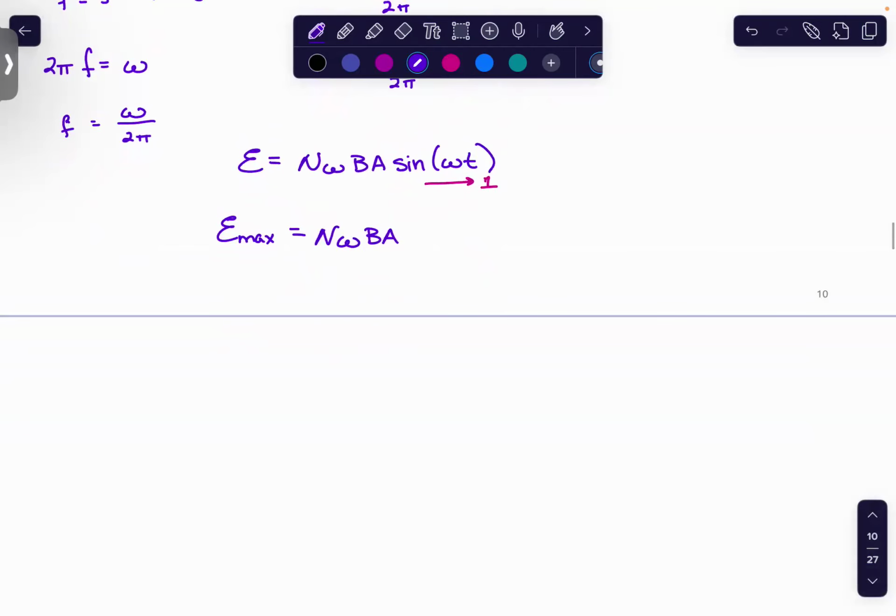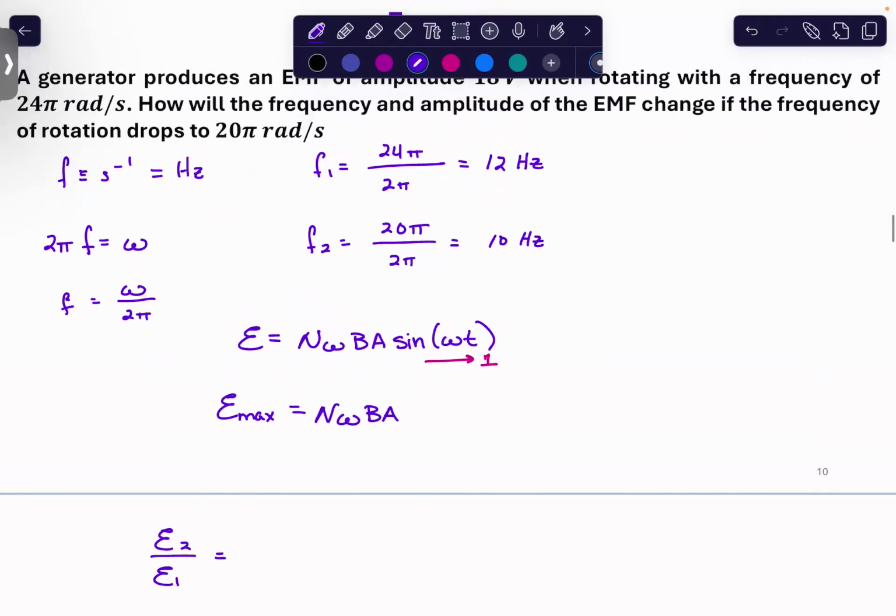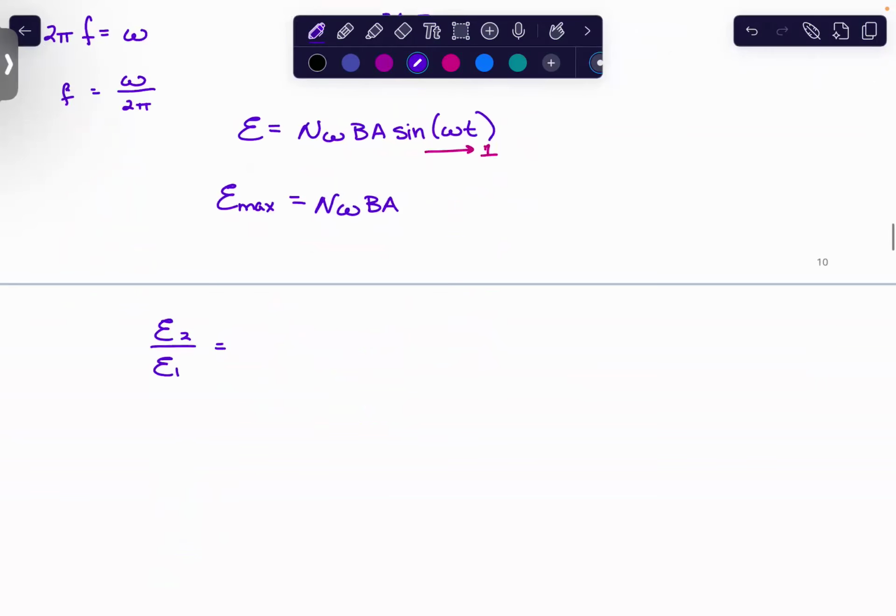So we want to figure out that second EMF. We can say, well, E2 over E1. We already know as the rotation drops, we go from 12 hertz to 10 hertz as our frequency. Now we can say we have N omega 2 dA over N omega 1 dA.